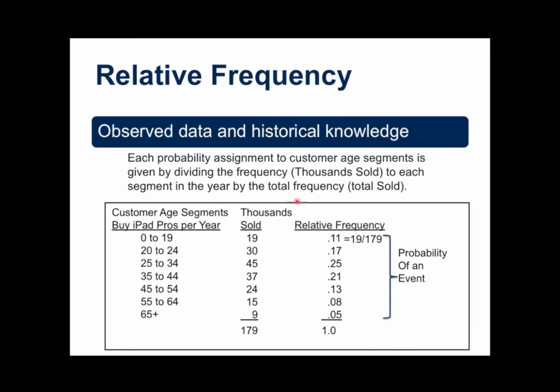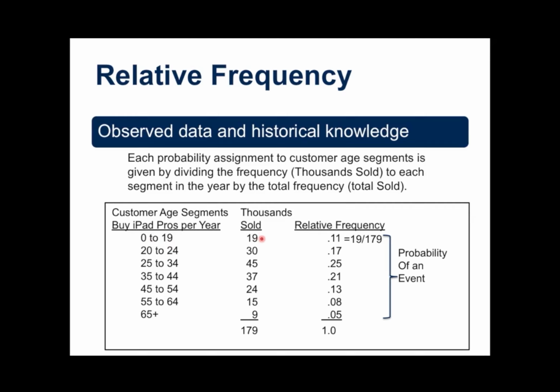Another example, if we look at the probability in terms of customer age segments, here we're looking at the frequency of things that were sold in thousands to each customer segment in a whole year. And we can still convert these to probabilities using the relative frequency method. So here we have customers in the 0 to 19 age group. They've purchased from us 19,000, let's say, iPad Pros in the year.